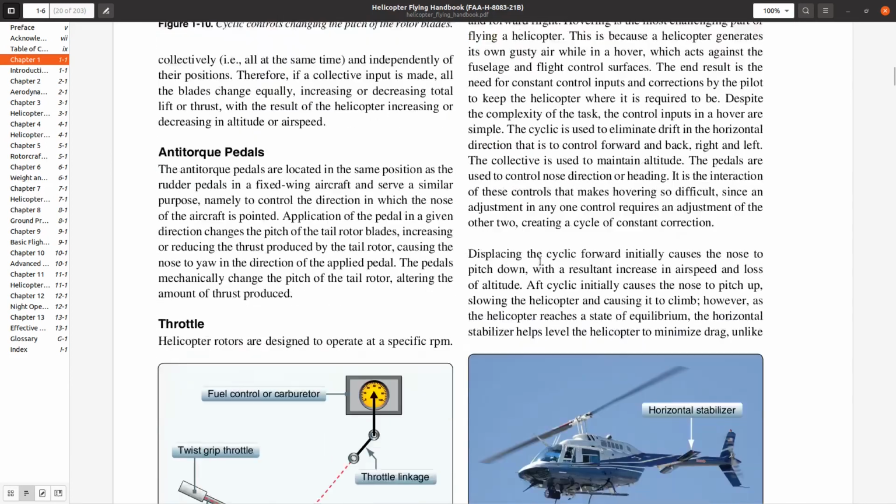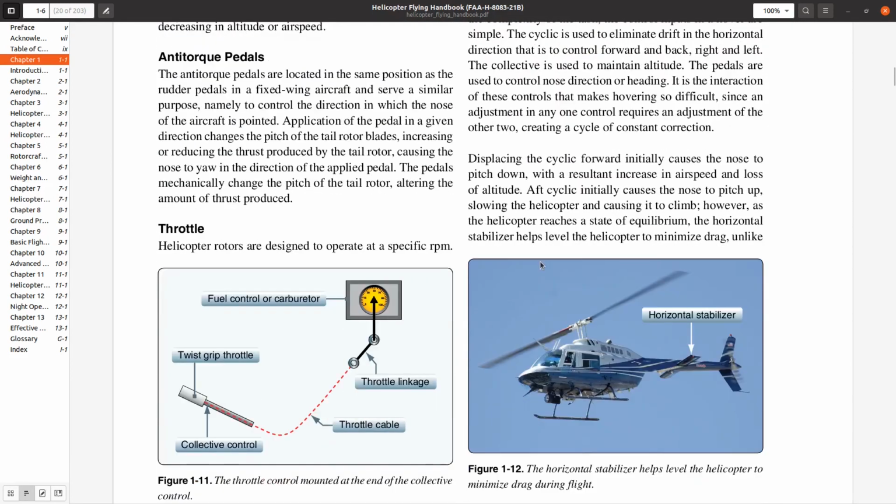The throttle. Typical piston helicopters have a twist grip throttle. So as you twist it up from the perspective of the pilot, that increases the throttle.